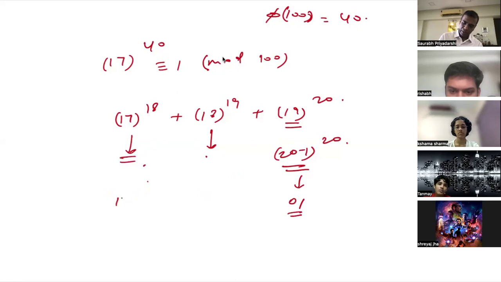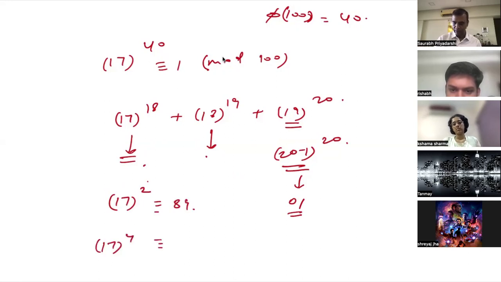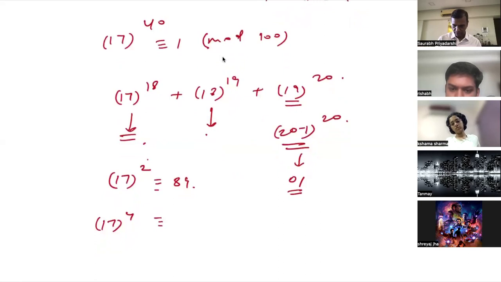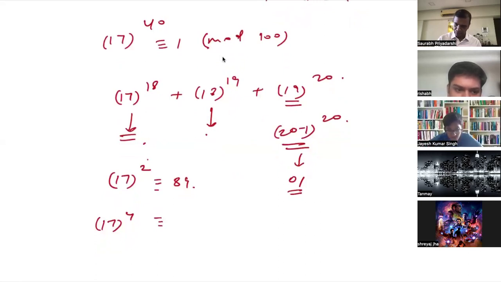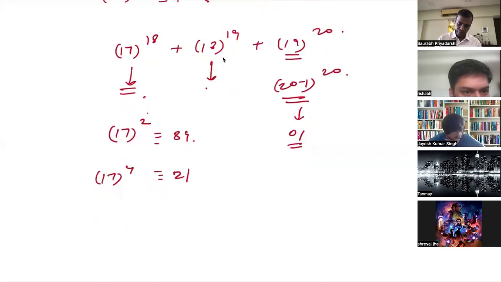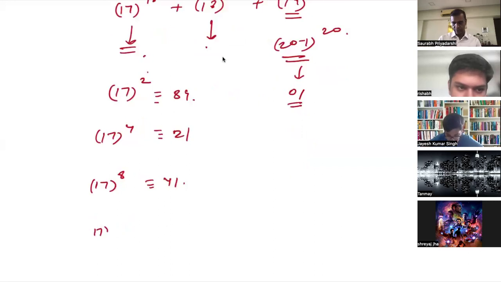So 17 square is what? 289, so 89. 17 to the power 4 is 89 square, which is 21. 17 to the power 8 is 41. 17 to the power 16 is 81.